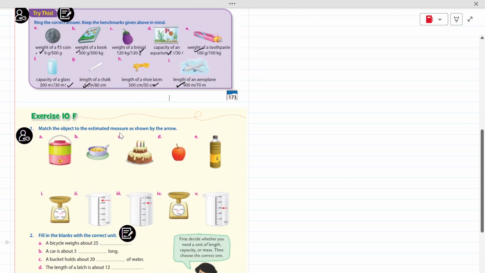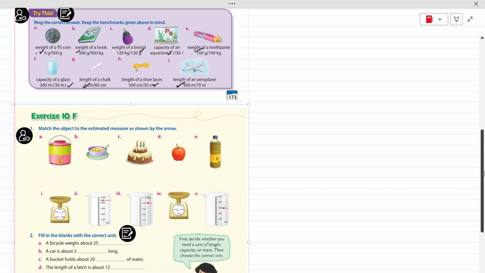Based upon what we have just done, let us try to find these. Match the object to the estimated measure as shown by the arrow. We have to see what might be the estimated weight or amount of each. This is a big container which contains water, so it can store a large amount of water. The measurement of water is in liters.